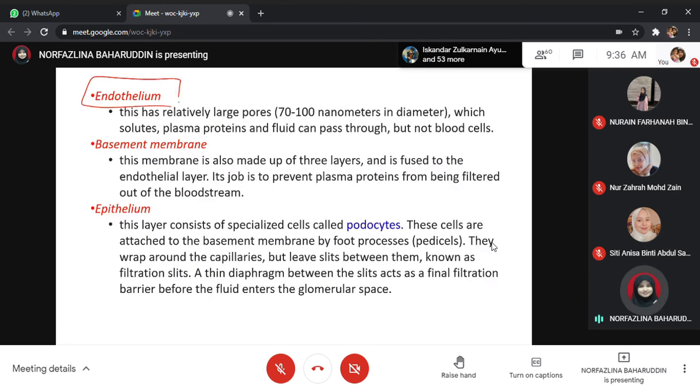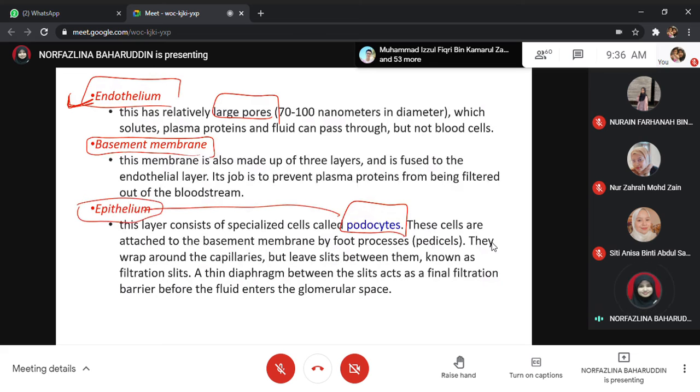Okay, your capillaries in the glomerulus have the endothelium with the pores, the large pores, and then the basement membrane, the membrane that surrounds your capillaries, and then the podocyte cell. Podocyte is actually an epithelial cell.